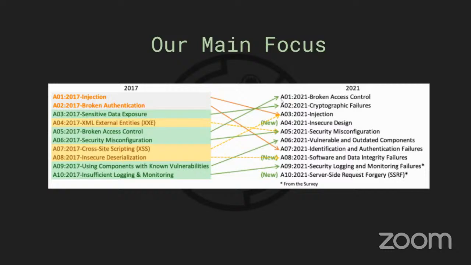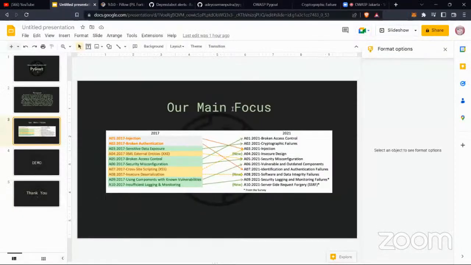And some of them moved a lot, like broken access control. It was in fifth position, now it is in first position. And cryptographic failure also came to second position from third position.